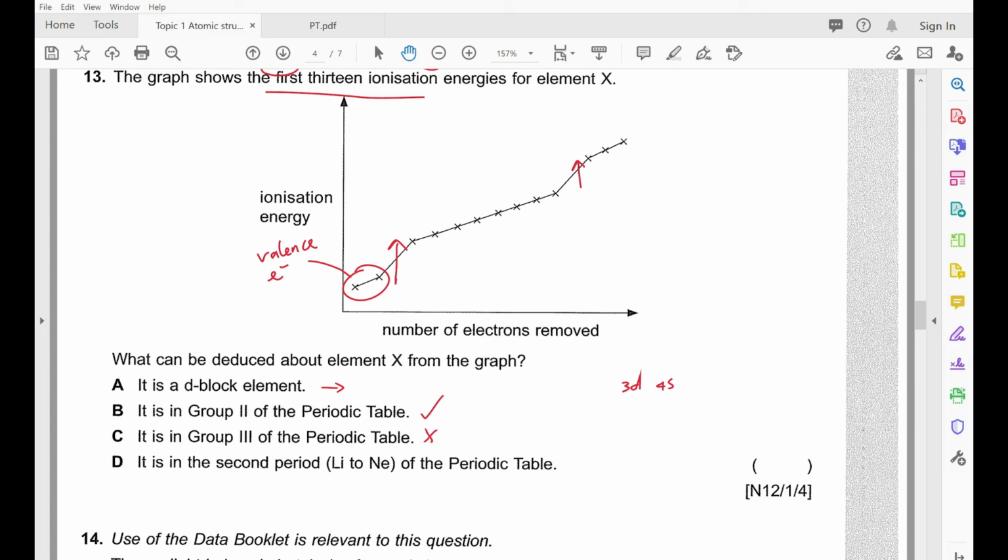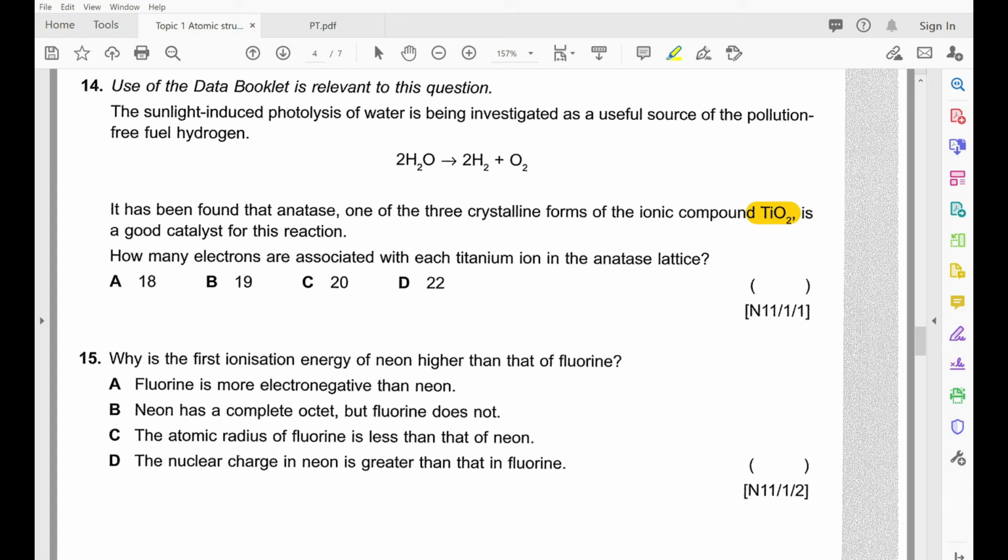So you may not see a noticeable difference between the ionization energy of one electron shell and the inner electron shell. It cannot be the second period because this element has at least 3 energy levels filled. Right? So this is 1, 2, and 3. Answer is B.